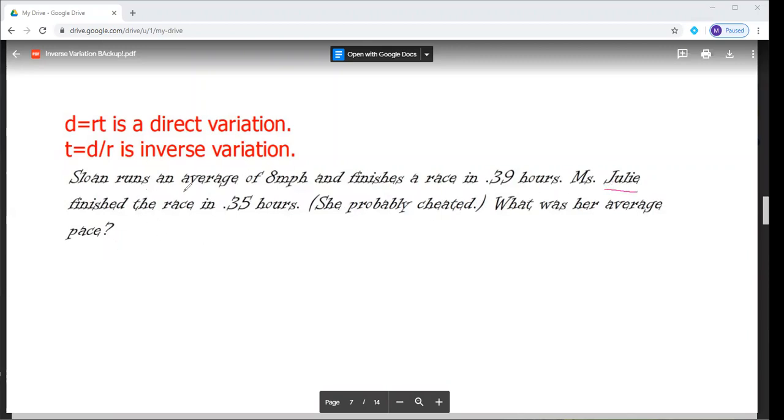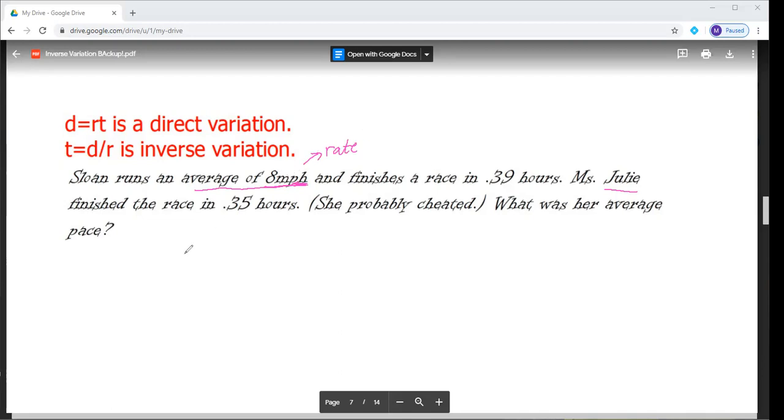All right. So an average of 8 miles per hour. In this case, that is Sloan's average of 8 miles per hour. That per hour should give a hint. This is a rate. This per hour, per anything, always gives you a hint that that's your rate.